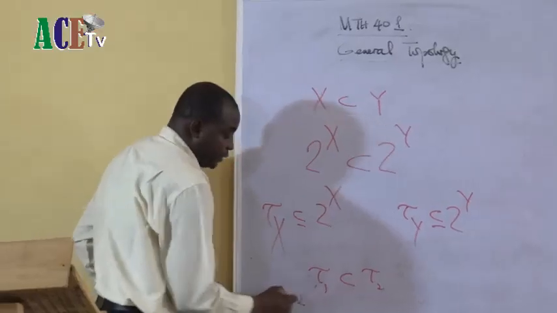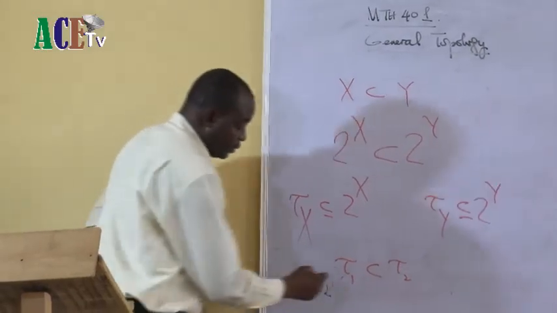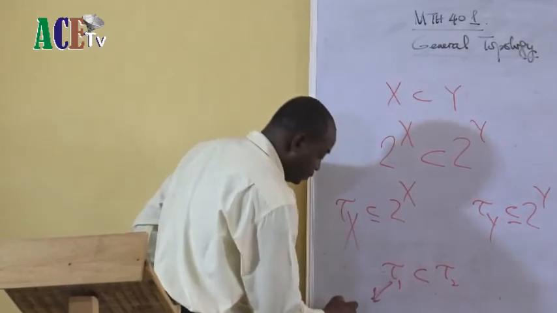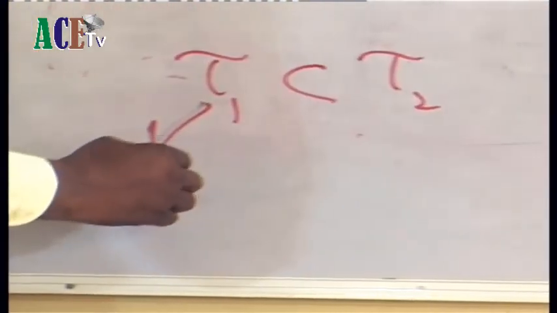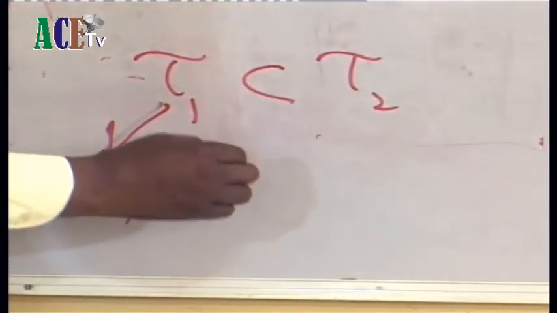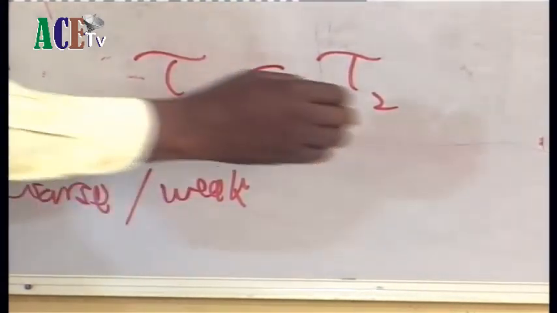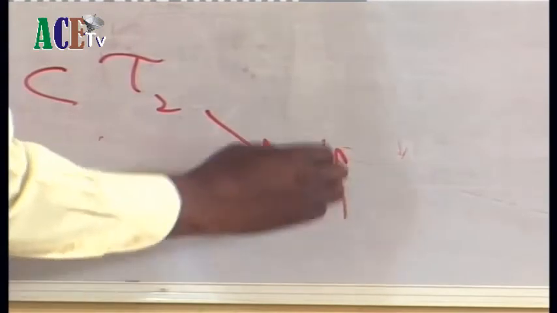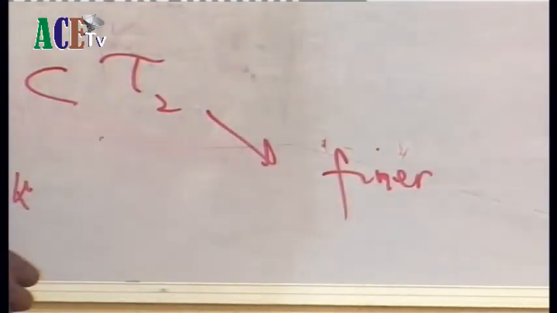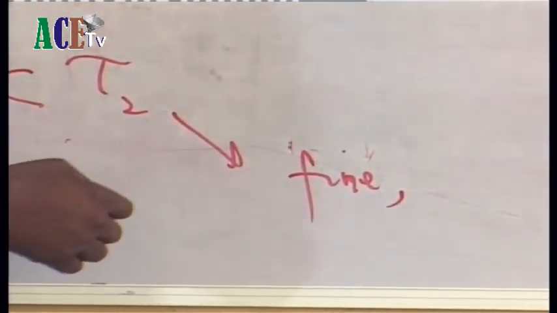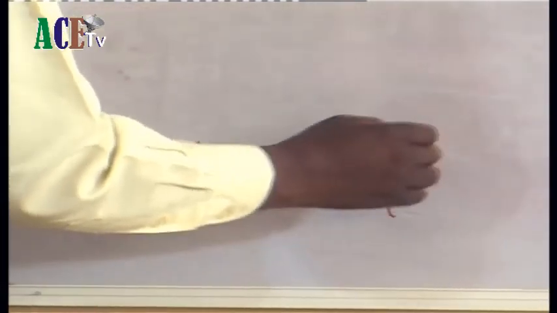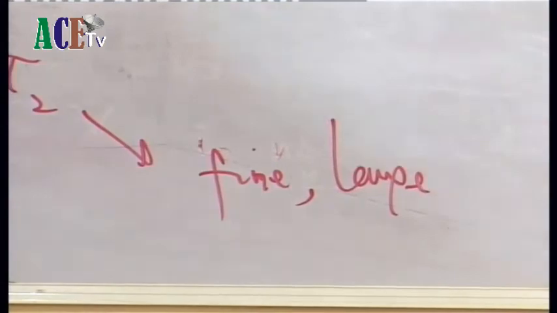So, in this case here, the smaller topology is called the coarse topology, the coarse or the weak topology, and the larger one is called the fine topology, as well as the large topology.